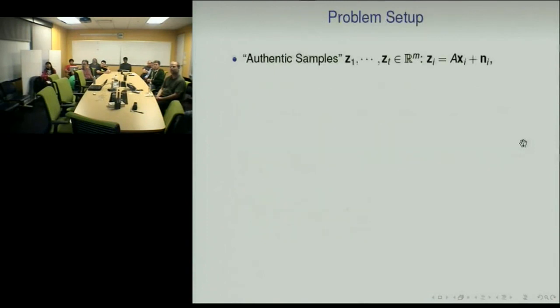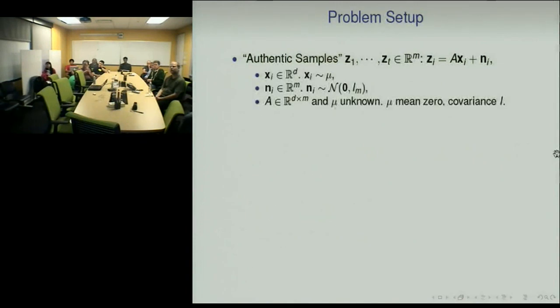Let me be more precise in terms of the problem setup. We assume that we have T authentic samples, and the samples reside in some R^m, and they have a generative model, so that every sample is a function of signal plus noise. A is a matrix, and we want to find A, and X is some random variable.